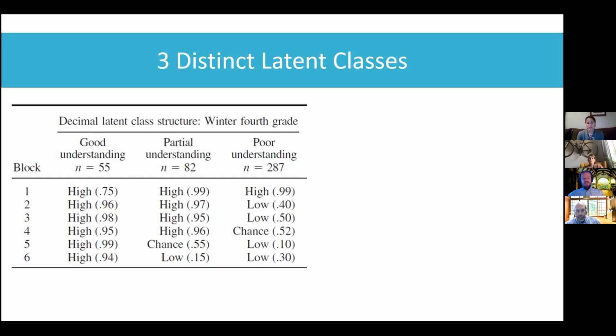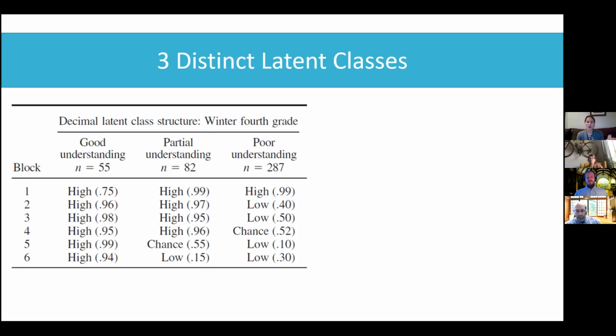Then there was a group of students who, we're going to interpret their pattern of response in this latent class, show that they have a partial understanding. So these are students who are persisting with a whole number bias, but they actually understand place value fine. So on those items where it was like 0.04 versus 0.4, they got that one right because they understood place value.